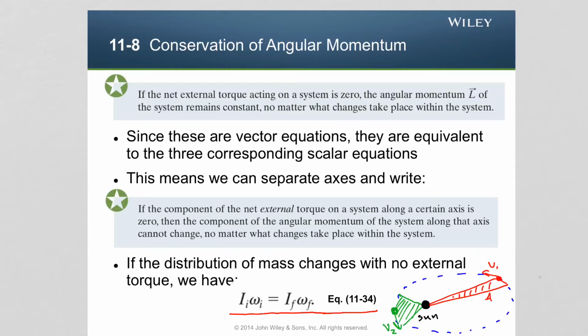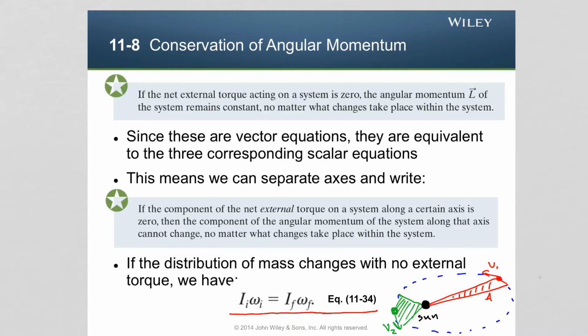So if this is the sun right here, this is the planet orbiting around the sun on an elliptical orbit. The statement is that for the same amount of time of motion, the planet will sweep the same area around the sun. So the area here and the area here will be equal for the same amount of time.